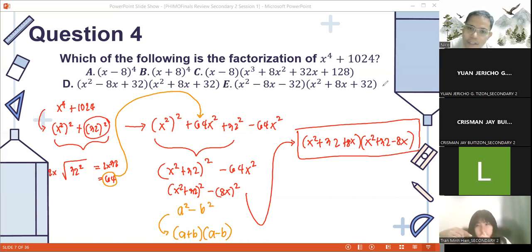And these factors have a low degree of x squared, so the highest degree here is only 2, which is the square from the x. So the final answer that you're going to put is x squared plus 8x plus 32 times x squared minus 8x plus 32.